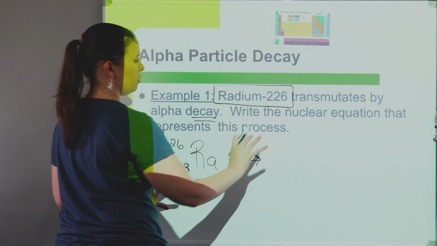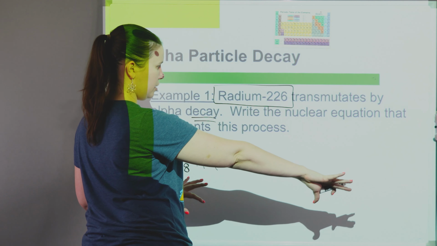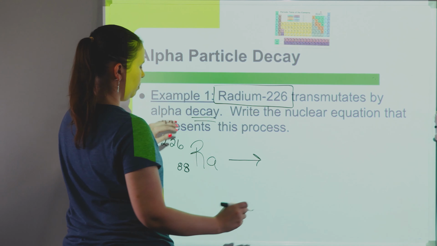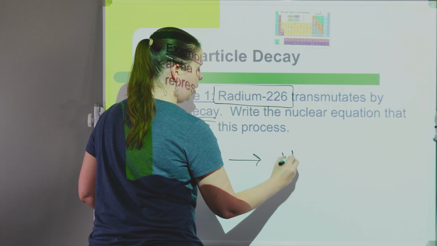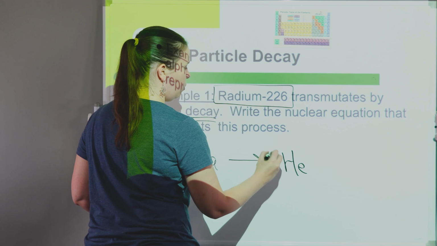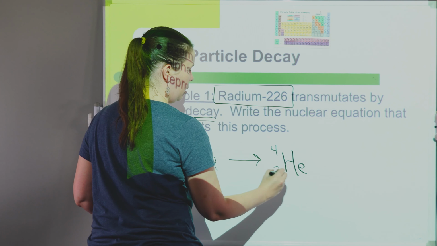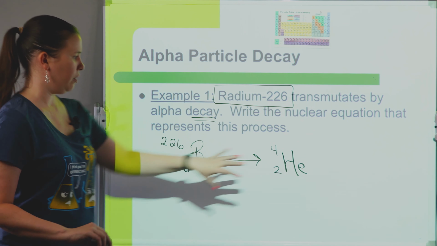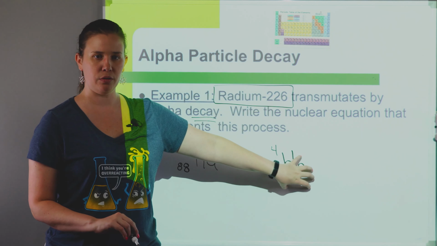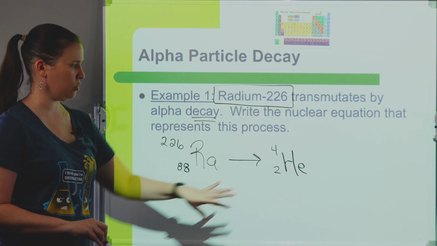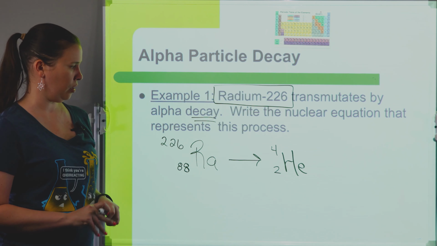Decay is another indicator that the alpha particle is on the product side. An alpha particle is He with a 4 on top and a 2 on the bottom. That's what an alpha particle is in the equation. So this is why we had to go over that table so well.